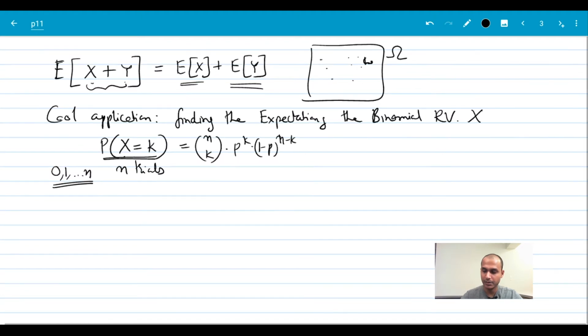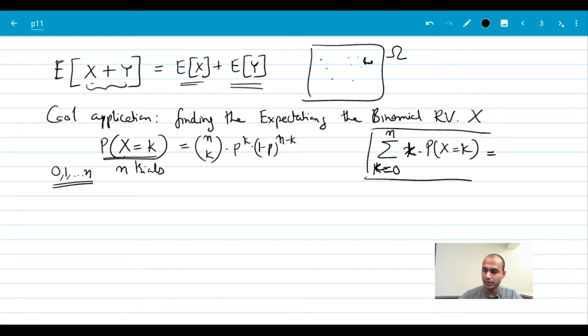This is a random variable and I know its law, so I can always do the summation: the sum over k of k times P of X equal to k, with k from 0 to n. If you do this, it will give you the expectation of X. But there's a simpler way to derive this, which is to notice that there are n trials. In each trial, there's going to be a heads or a tails. So let me denote an intermediate random variable.